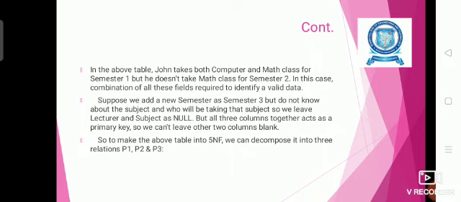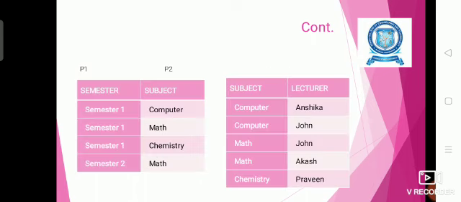So to satisfy 5NF, we have to decompose it into three different relations. In the first relation P1, we keep two attributes, semester and subject, and we list what semesters are available and what subjects are available for the particular semester. For example, semester 1 has computer, maths, chemistry.